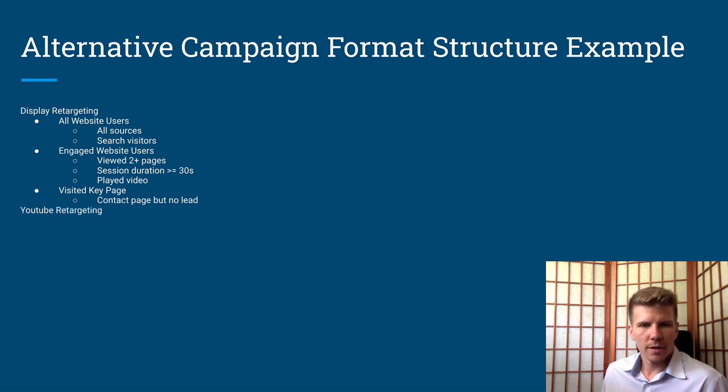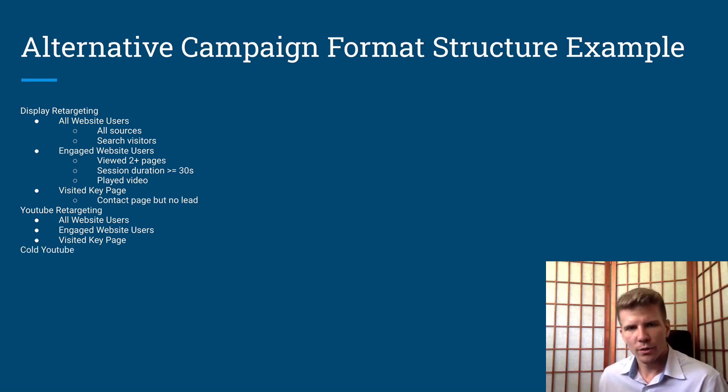Then after that, you can add in YouTube retargeting where you do the same thing: all website users, engaged website users, and visited key pages. And then if you want to further expand this, you could do a cold YouTube campaign where you do similar audiences for people who are on a leads list as well as people who became customers. For leads and customers, depending on how big that list is, you want like 1,000.